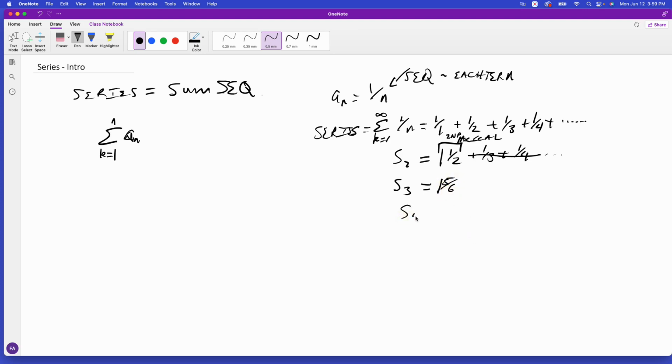Then S sub 4 simply means you take 1 and 5/6 and add 1/4 to it.